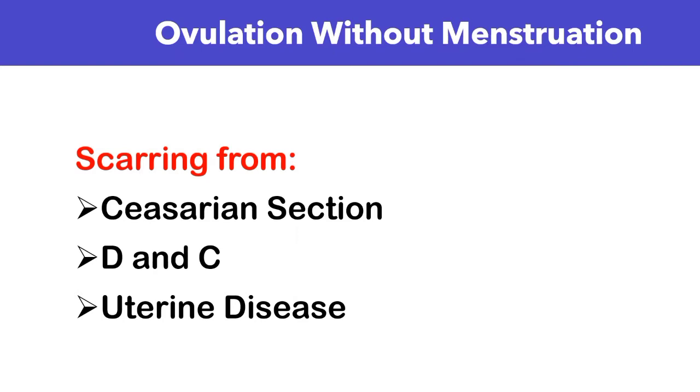There's something that we call over-enthusiastic curettage, in which the doctor is scraping and scraping the uterus to ensure that the product of conception is totally evacuated. This might leave a permanent scar inside the uterus. Also, we could have some uterine diseases, infection of the uterus that may end up with scarring of the uterus. All this can actually cause ovulation without being followed by menstrual flow.